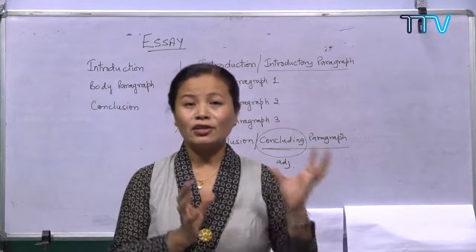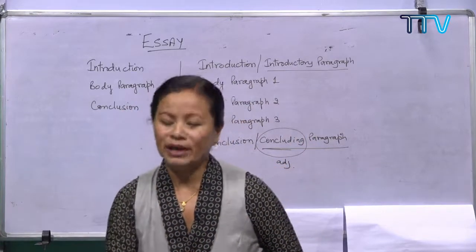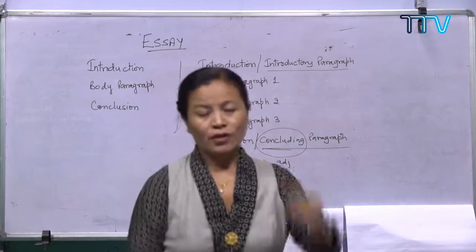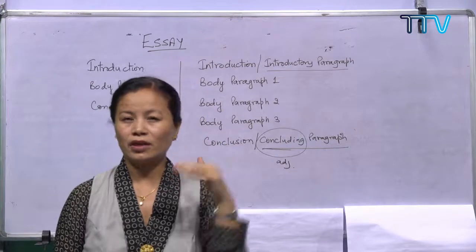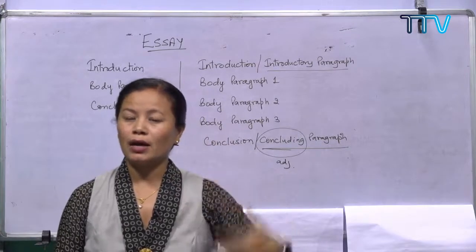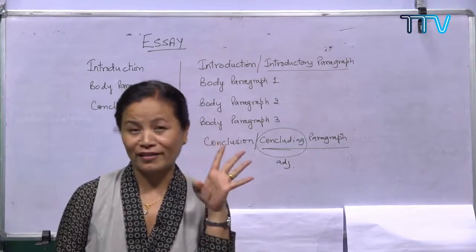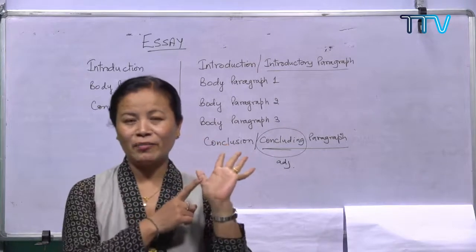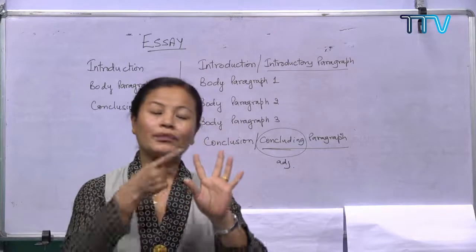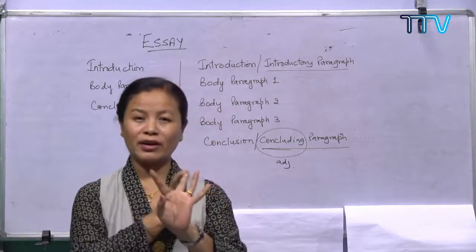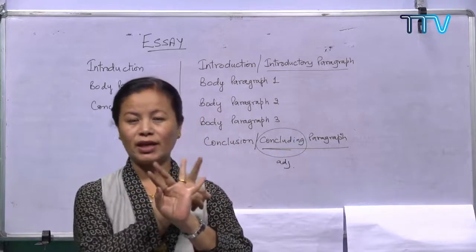What you need to remember in an essay is, for each body paragraph, suppose you are going to write an essay of 5 paragraphs. That means you have the first paragraph as the introductory paragraph, body paragraph 1, body paragraph 2, body paragraph 3, and then the concluding paragraph.